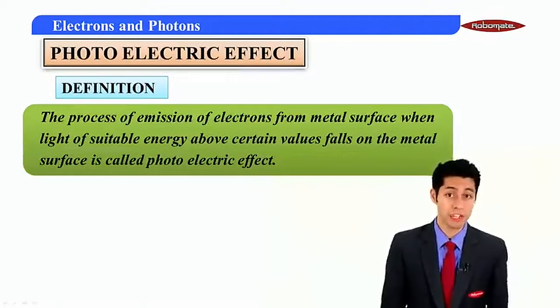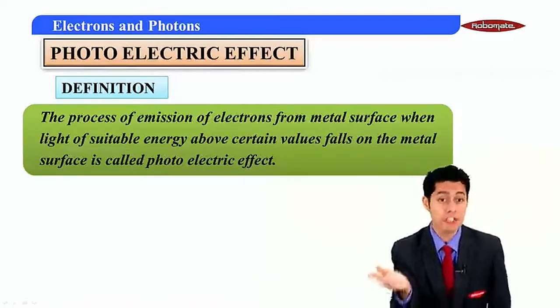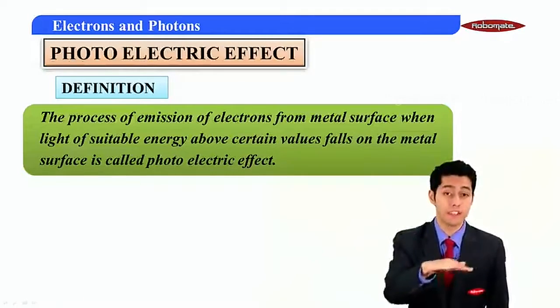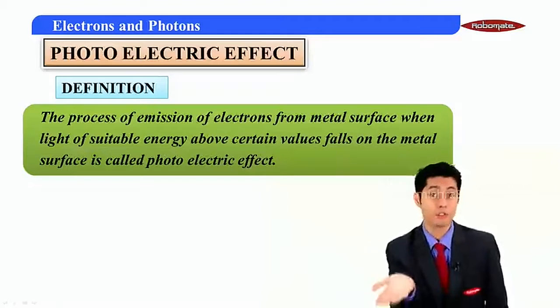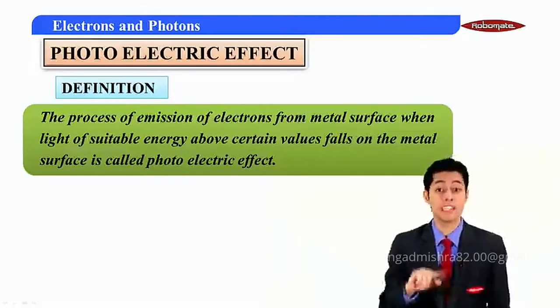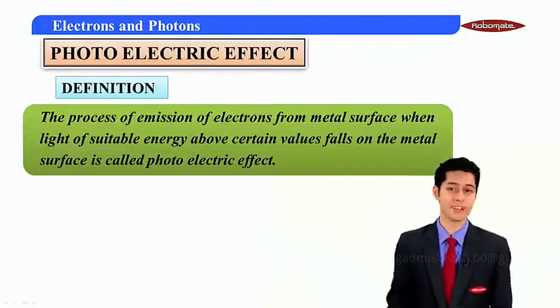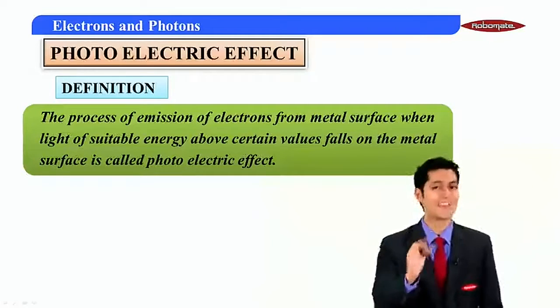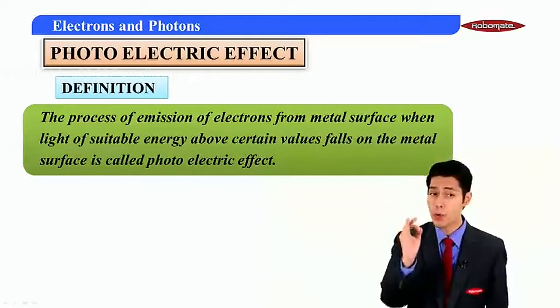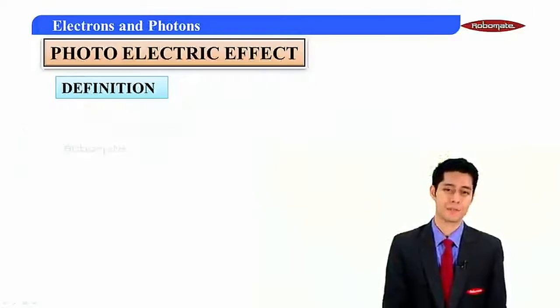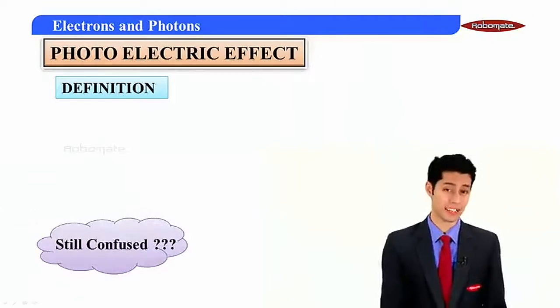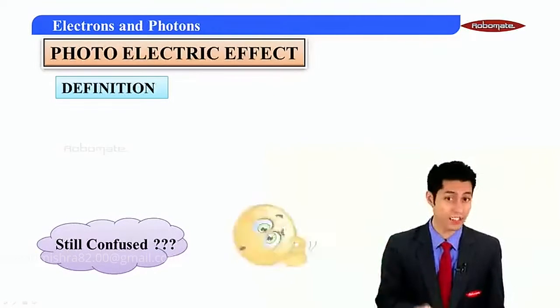I would like to repeat, students, it is a process of emission of electrons from the surface of a metal when light of suitable energy above a certain value falls on it. To understand this, I know you are still confused.